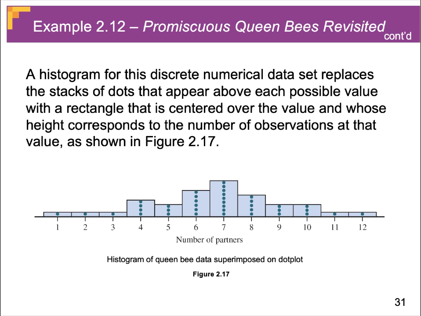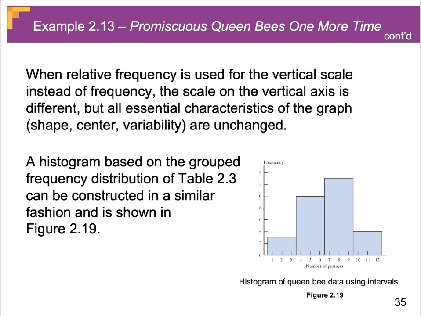Now, if we were to put these together and have them from 1 to 3, 4 to 6, 7 to 9, and 10 to 12, well, what that's going to look like is in this histogram. And so this is just a different grouping where we have these intervals, and we can see the center here.